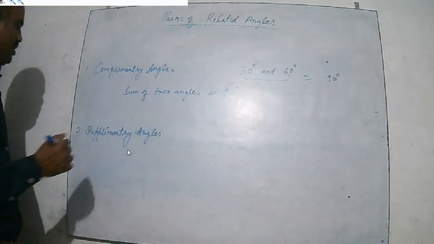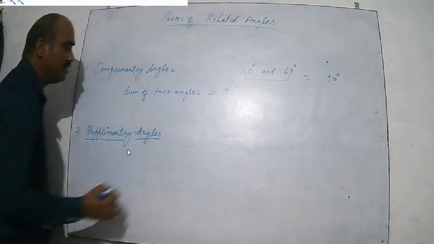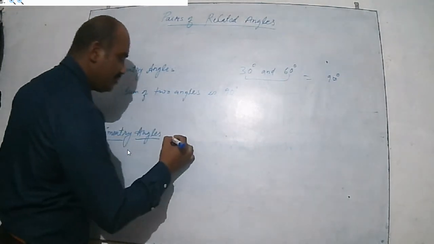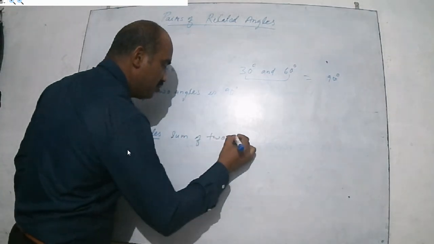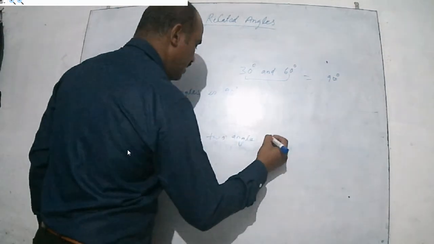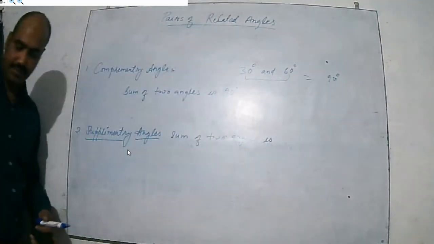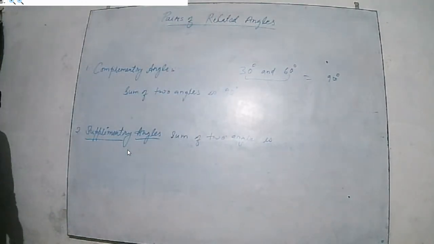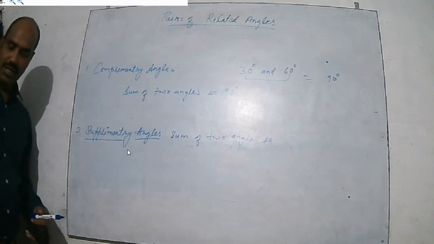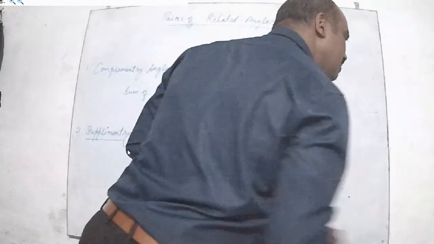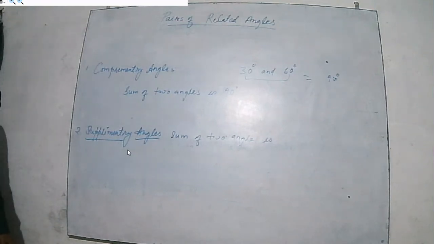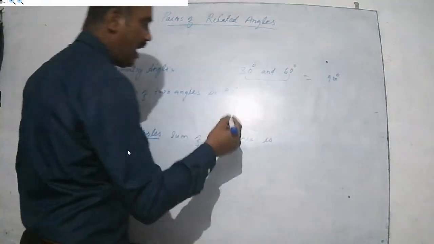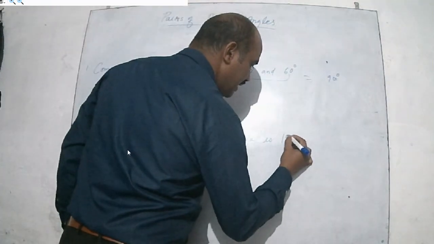And if we talk about supplementary angles, the sum of two angles is 180 degrees.